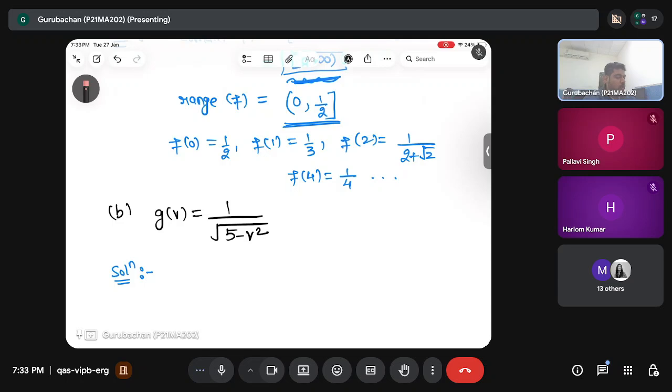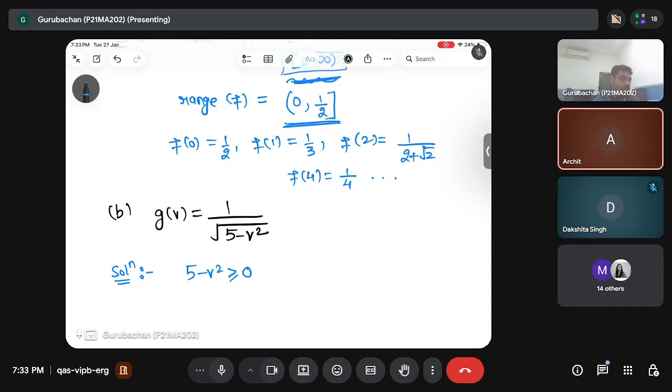First of all, as we have done in the previous one, we have to make sure our function is defined for those values of v. Again you are seeing an under root here. So any quantity inside the under root has to be positive or negative? Positive, sir. Positive, or more precisely non-negative, because it can also include 0. Can it include 0 here?